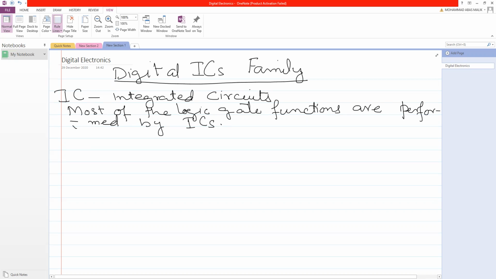That means maximum logic gate functions, which we have already discussed, are performed by ICs.